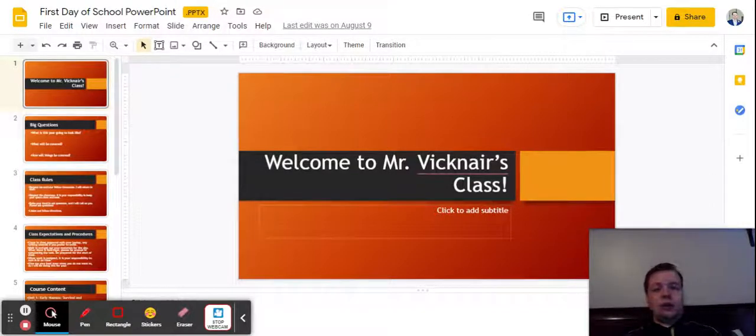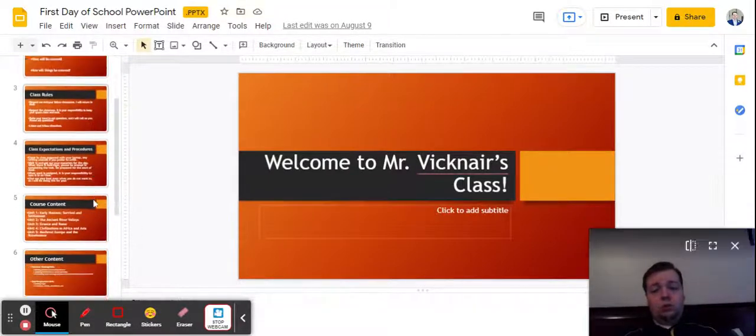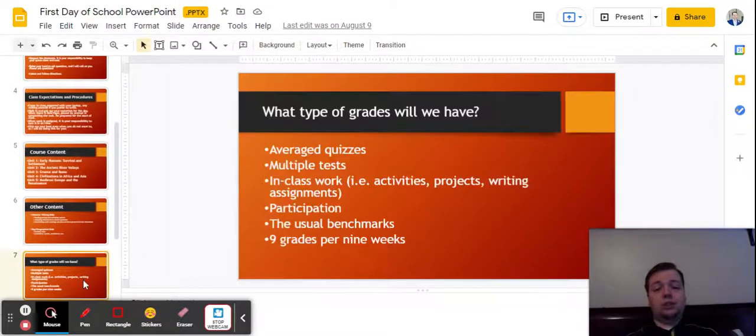Those are some of the things that we're really going to be looking at this year. But one of the big things that I'm sure many of you have questions about is types of grades. So I'll make this pretty clear. There are about 9 grades per 9 weeks. That means 9 major grades. So there are going to be more things that count as part of a grade than nine.